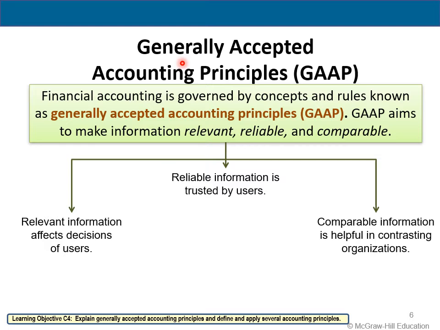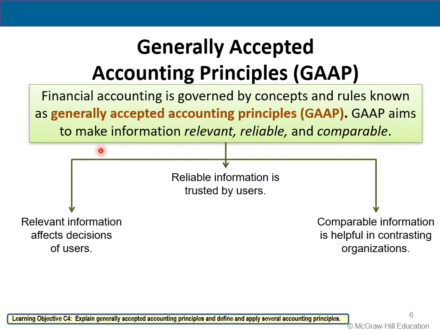Everything you'll learn next semester in 2082 is not necessarily constrained by GAAP, but everything we learn this term is GAAP, the rules we use to identify, record, and communicate the results of operations.